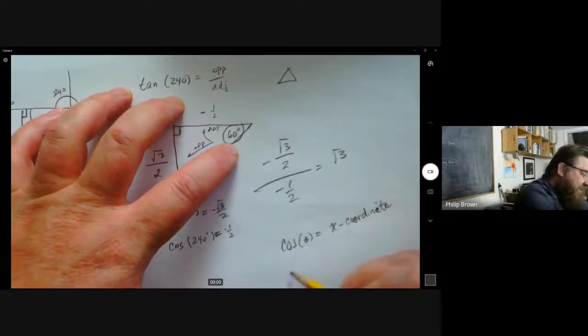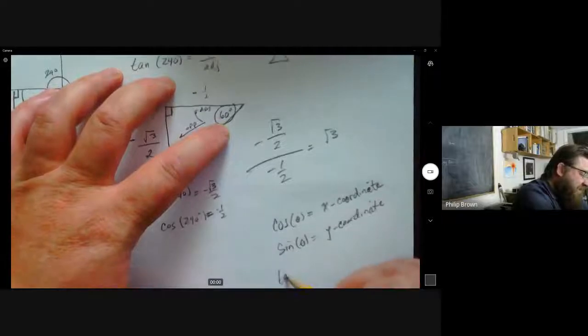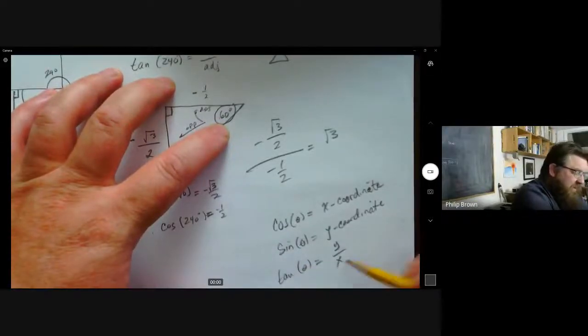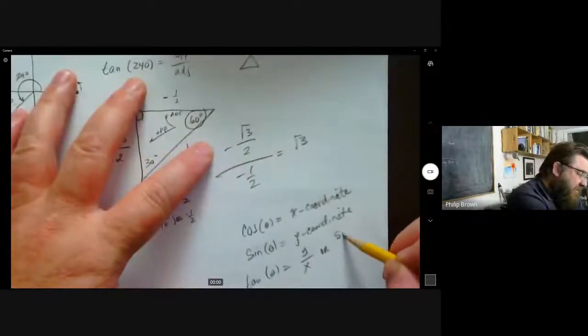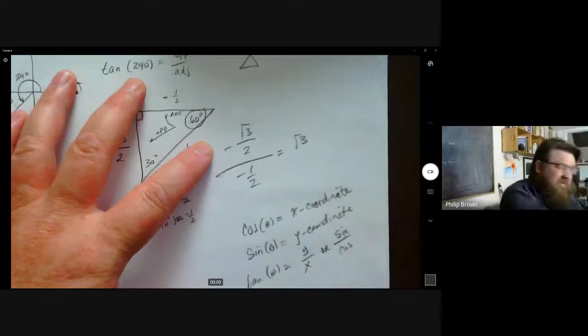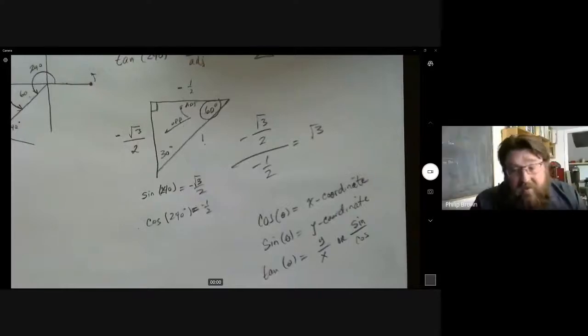And sine on the unit circle is the y-coordinate. And tangent of the angle is y over x, or sine over cosine. So that just relates to the unit circle, right? Well, that's how it works always and forever anyway.